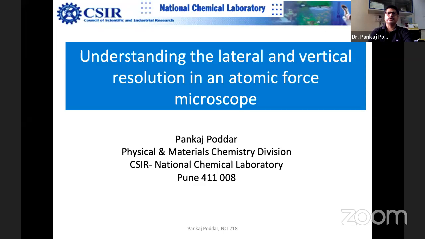The second resolution I would like to teach you today is the force resolution. What is the force sensitivity of the cantilever? How small a force, for example, 1 piconewton, can I measure, for example a covalent bond between two molecules which might be forming? So I can put one molecule on the tip and another molecule on the substrate, and I would like to see what the force between them is, whether it is a covalent bond or some other bond, what kind of bond it can form.